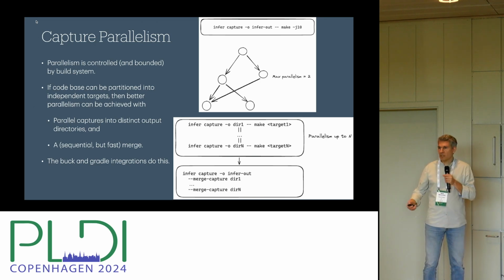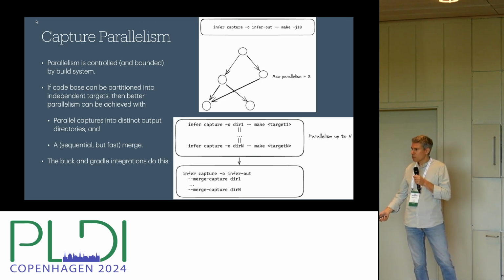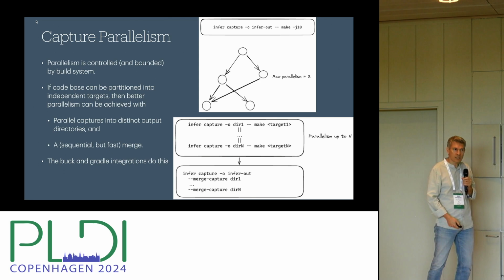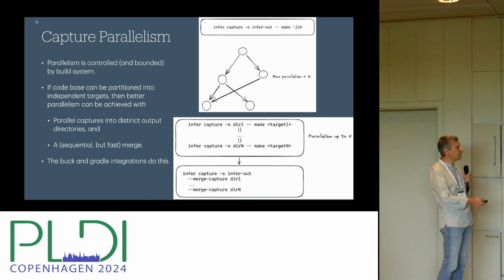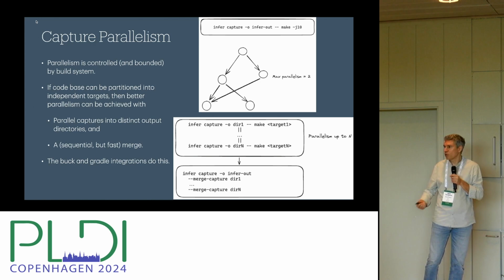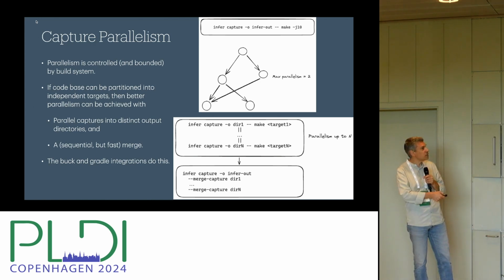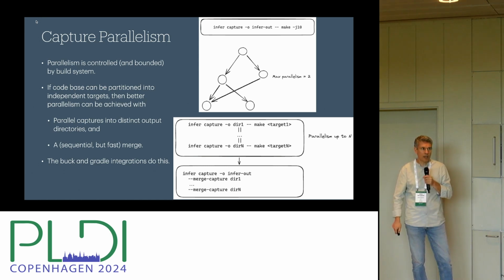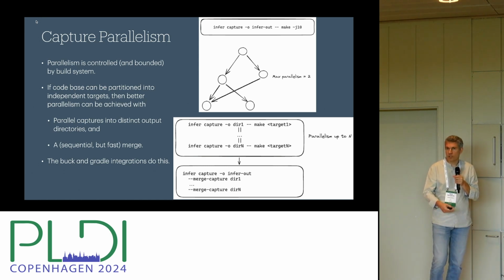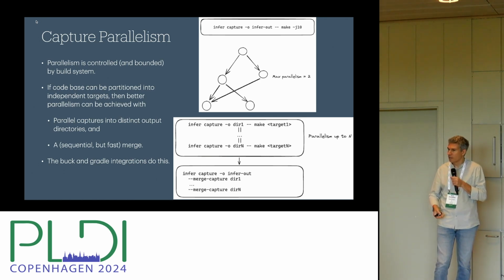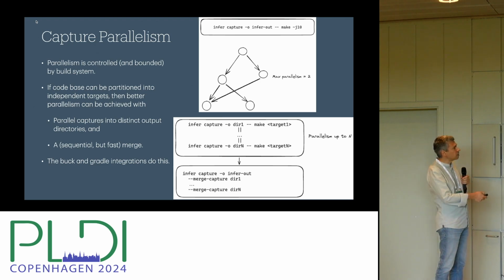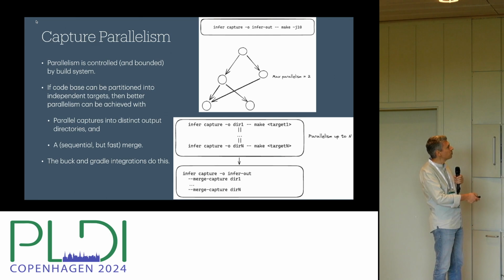That might make sense when you're doing compilation, but it doesn't necessarily make sense when you're capturing with Infer, because you're not going to be building a binary here. So you don't necessarily need this dependency structure. What you want is just to syntactically consume all the source files. So in this case, using the build system might be a bit counterproductive in terms of how long it takes to run the capture.